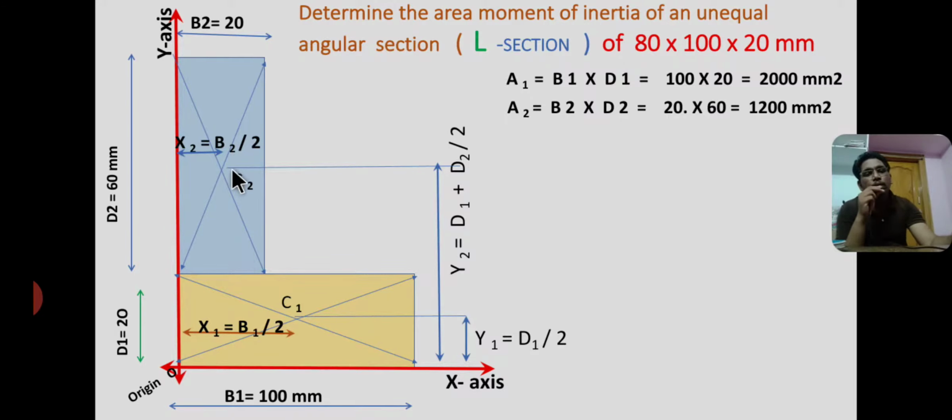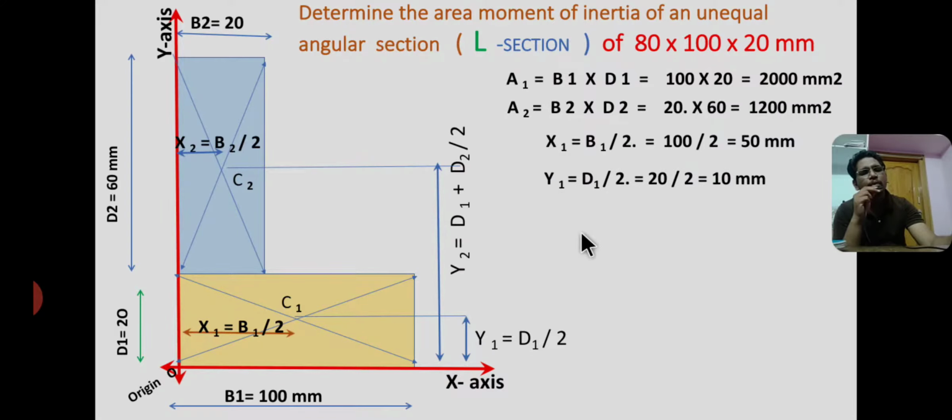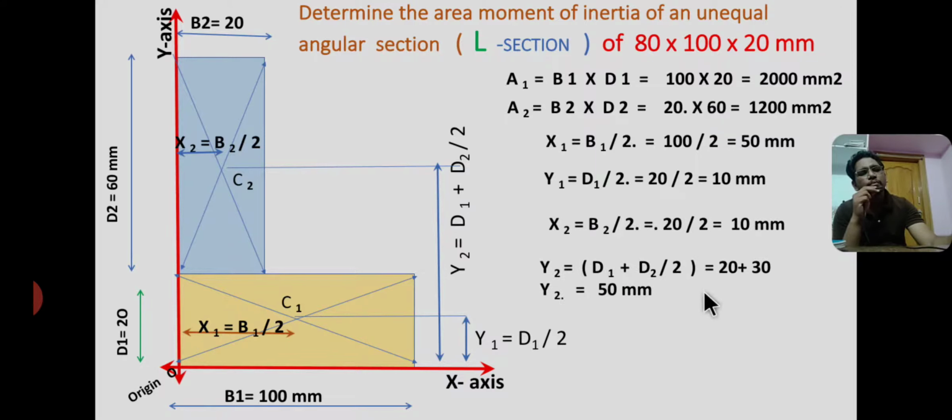From here to here is half of the height, and from here to here is the height of the bottom rectangle. So I have written here y2 equal to d1 plus d2 by 2. From the diagram, x1 equal to 50 mm, y1 equal to 10 mm, and x2 equal to 10 mm, y2 equal to 50 mm.